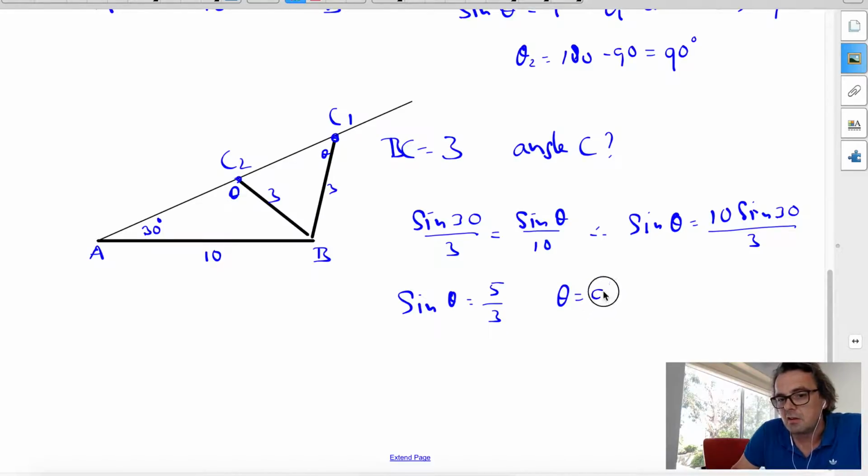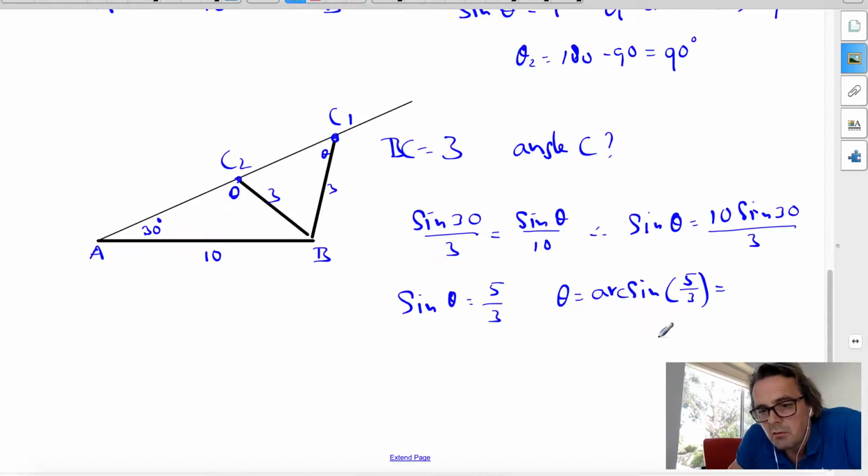So theta is the arc sin of 5 over 3, a fraction bigger than 1. Now you can key in anything you like on your calculator, but you're not going to get an answer, because the sine of an angle can as a maximum only be 1. Right?